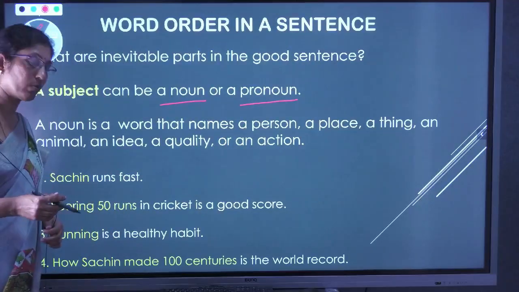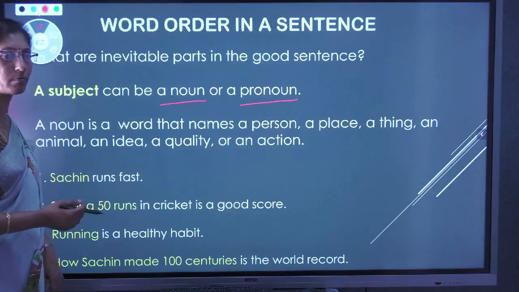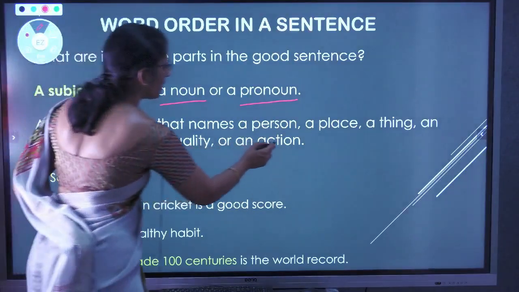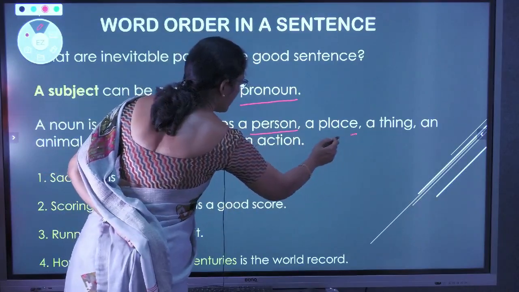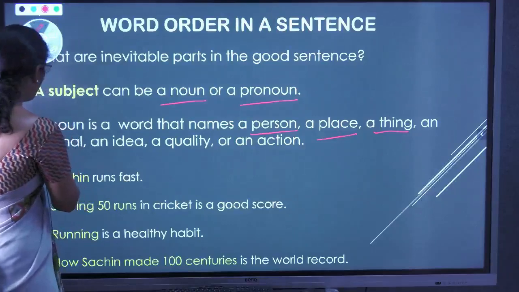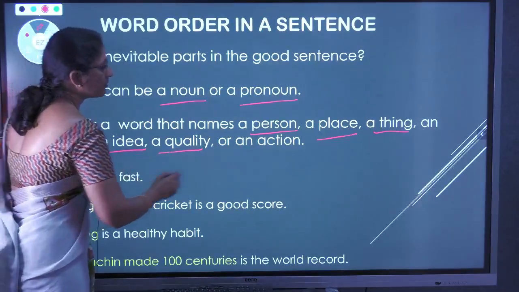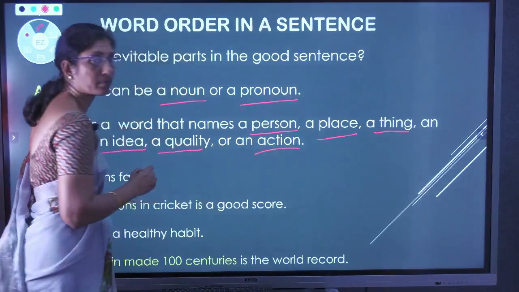So what is a noun? You know that a noun is a word that names a person, a place, a thing, an animal, an idea, a quality or an action.